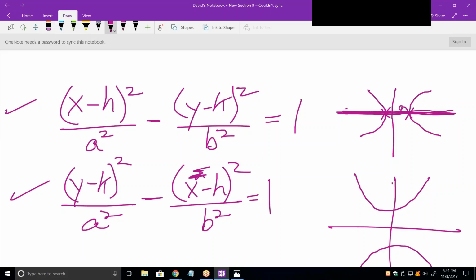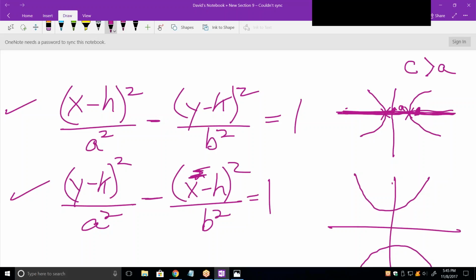So this is always A, the distance from the center to that vertex. The focal point is always inside the hyperbola, and C is the distance from the center to the focal point. So C is always greater than A with a hyperbola. Excuse me, I keep saying ellipse, I mean hyperbola.